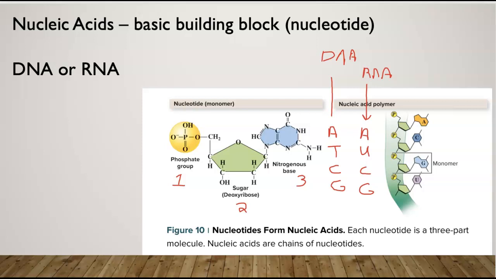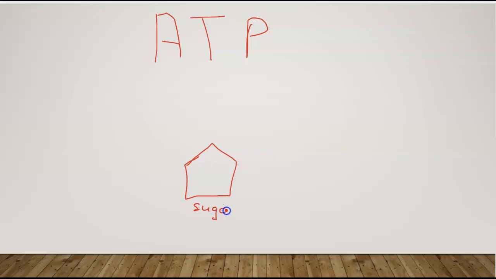Now, the one I want you guys to focus on right now is this nucleotide called ATP, adenosine triphosphate. Draw this out with me, all right? So this is your little sugar house, just like DNA and RNA. It's going to have a porch. The porch is adenine. That's where the A comes from.